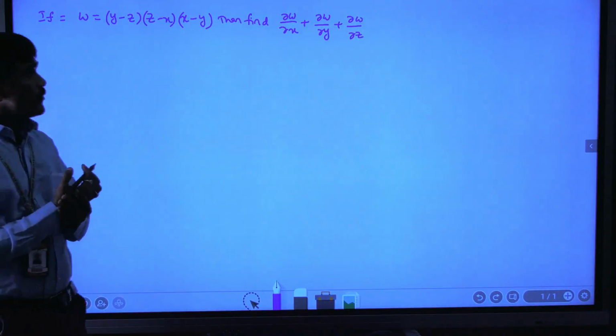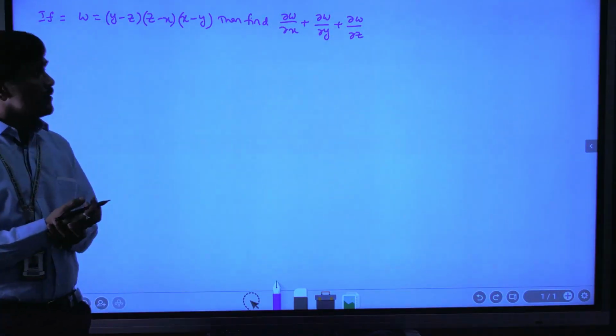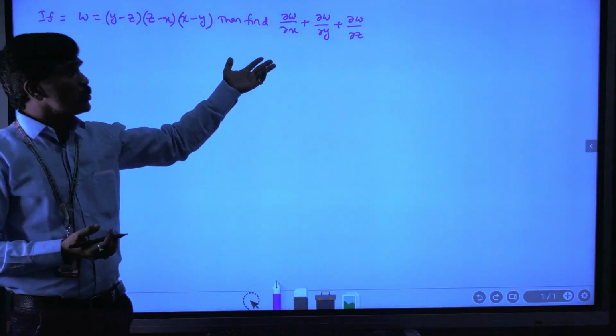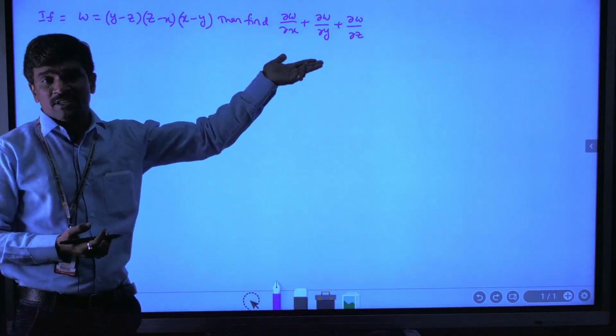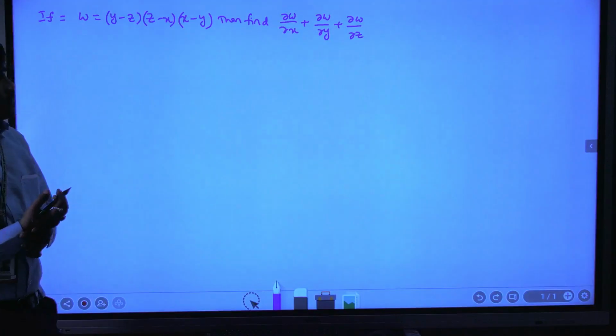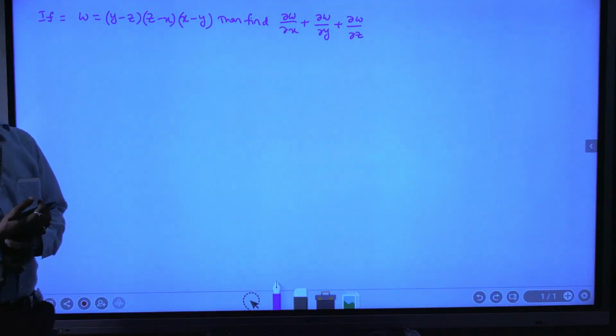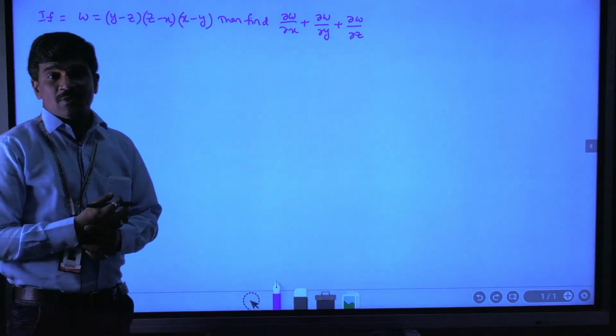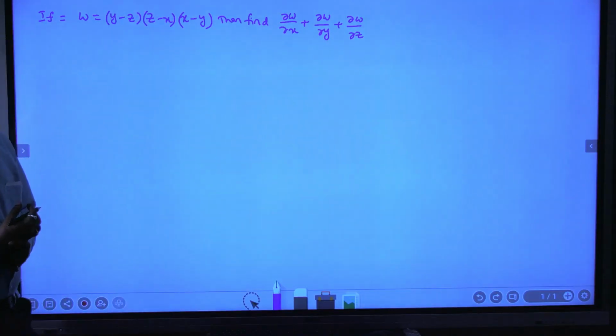Find the value of ∂w/∂x, ∂w/∂y, ∂w/∂z. Then find the sum of the first order partial derivatives with respect to x, y, z. Here we have three variables.